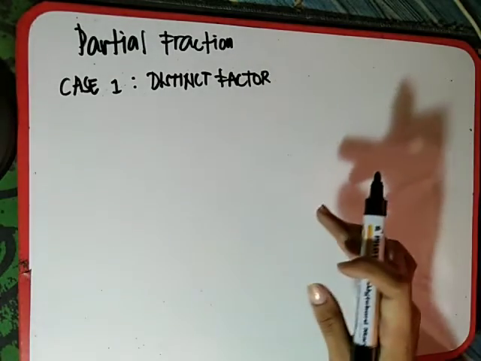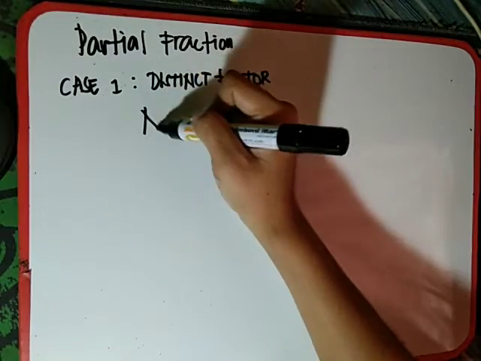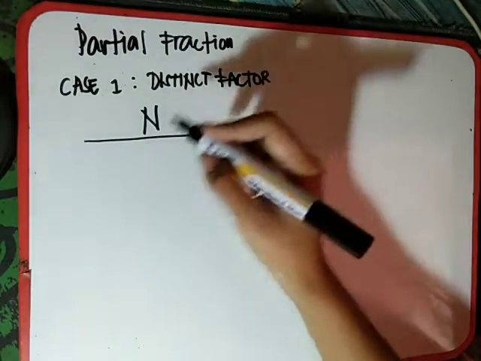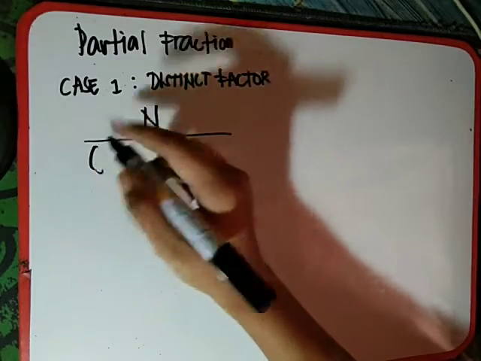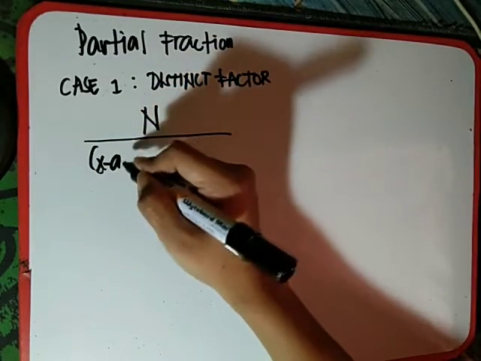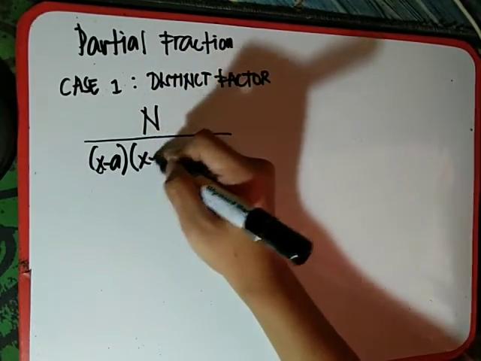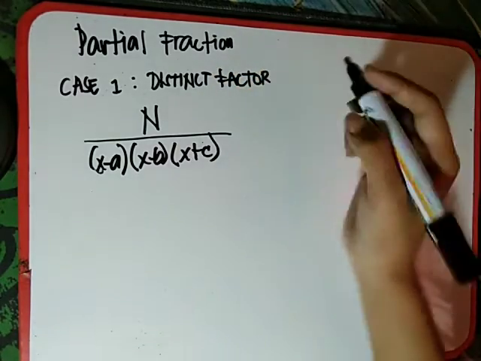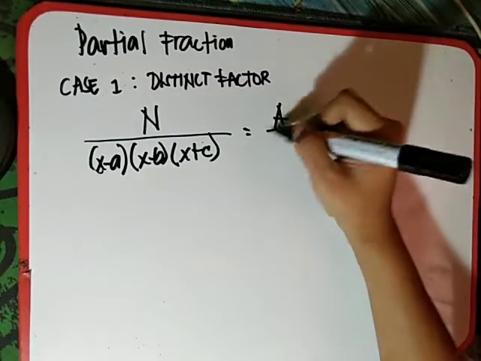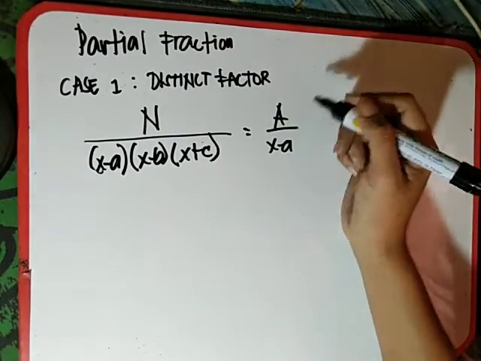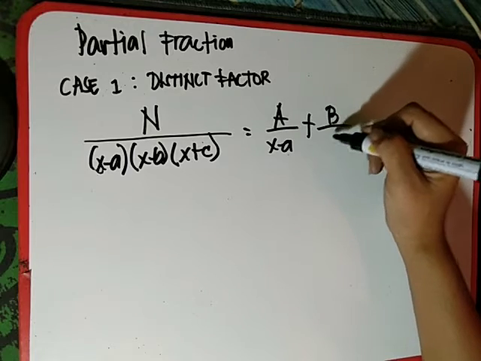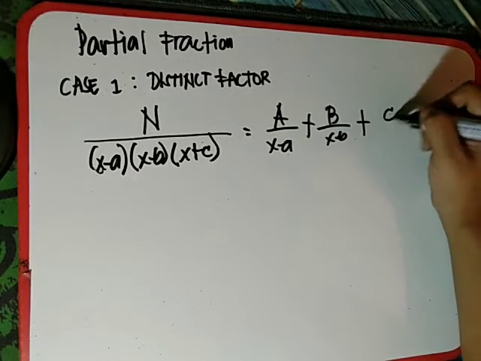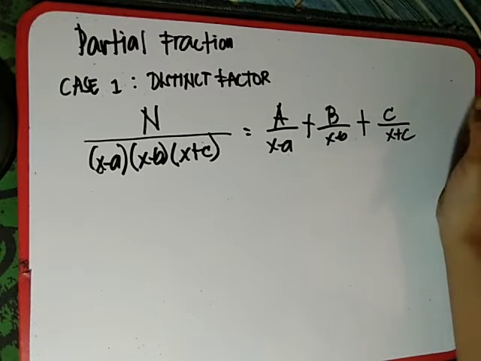In the distinct factor, we have the expression x minus a, then x minus b, and x plus c. We have a over x minus a plus b over x minus b plus c over x plus c.